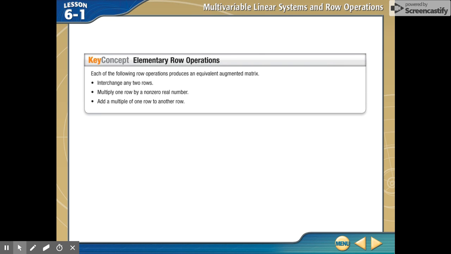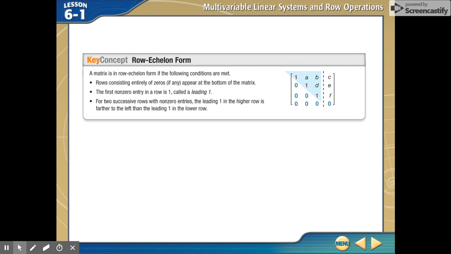All right, after you work through that guided practice problem, we're going to go back to how we actually do these row operations. Again, we can interchange, we can multiply, and we can add the rows together, and we're not going to introduce any different solutions to our system. So what we're going to try to do is get something into what's called row echelon form.